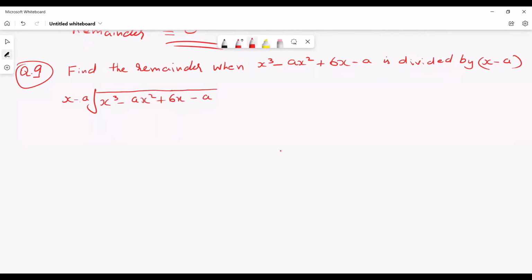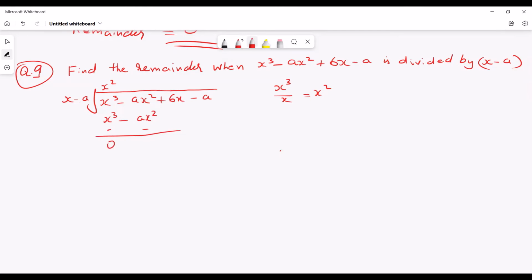First, x cube divided by x. So we will get x square. So here the quotient will be x square. Multiply with the x square. So we will get x cube minus a x square. Now x cube minus x cube is 0.